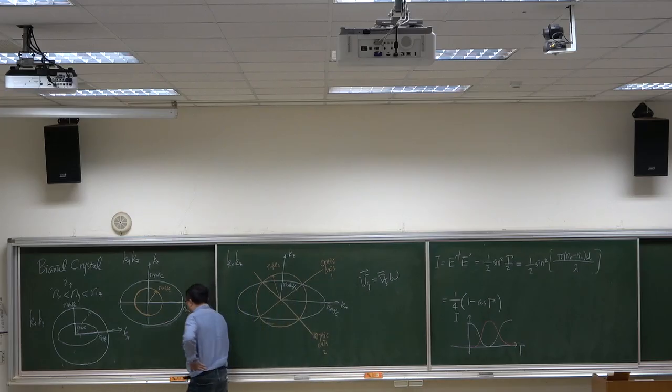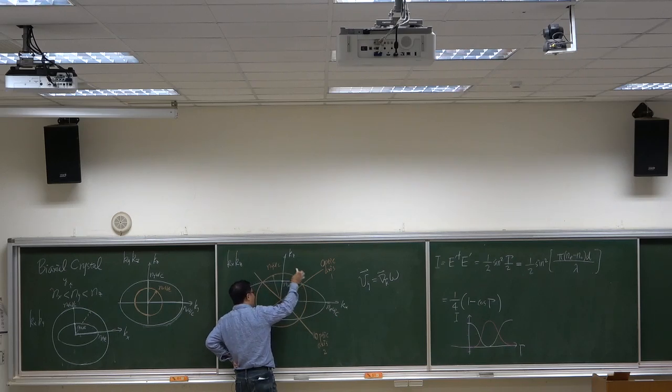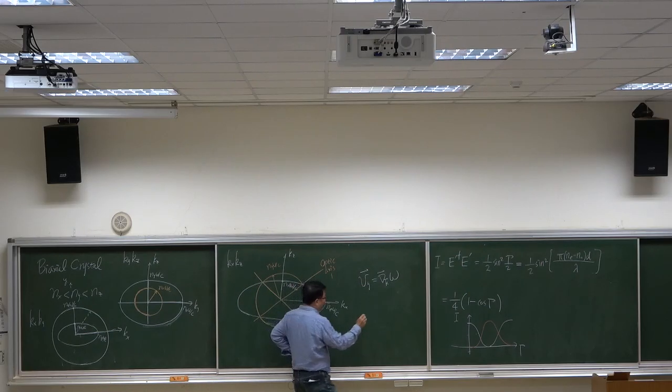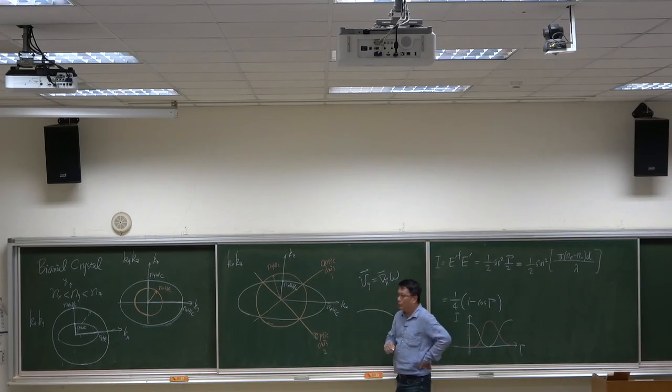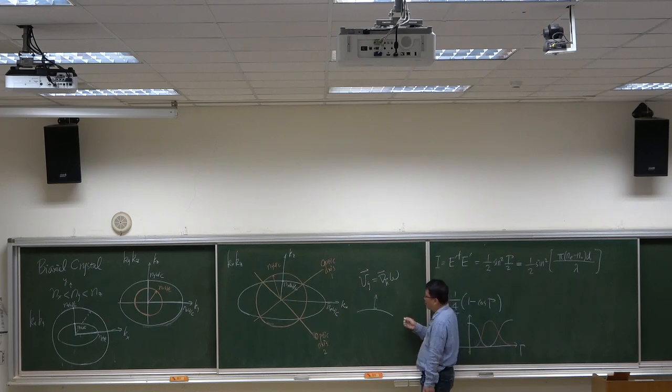For an arbitrary point that is not too close to these 4 special points, locally we can treat a part of the normal surface as a flat plane. It can be approximated by a flat plane, so we can find a very clear, very specific direction of the group velocity.